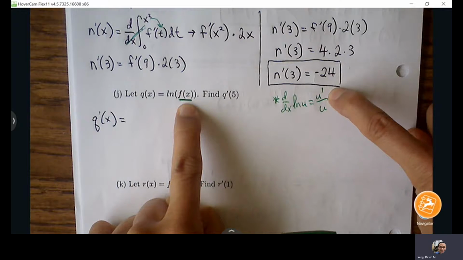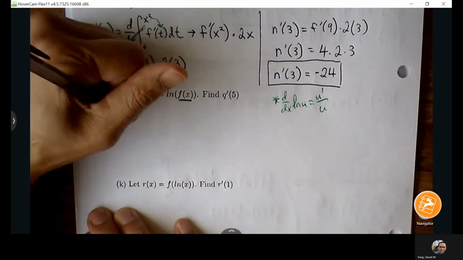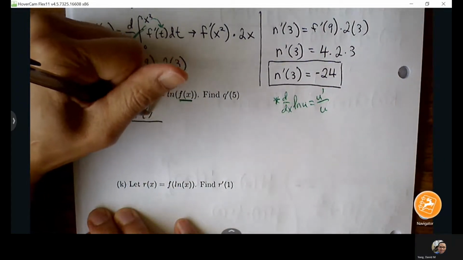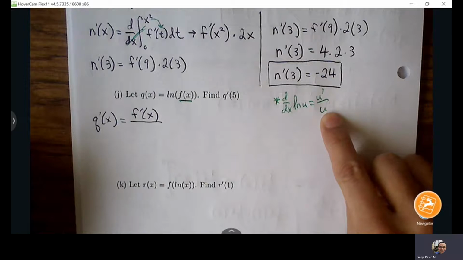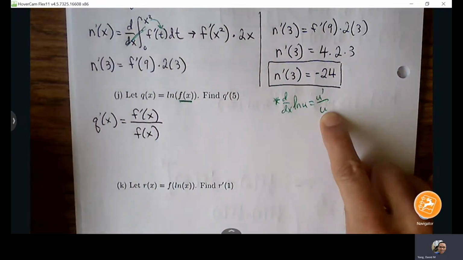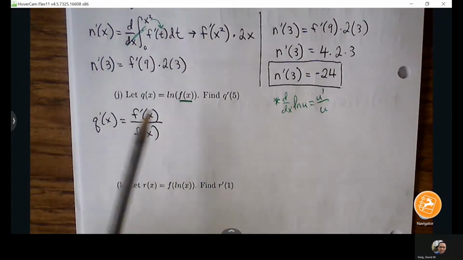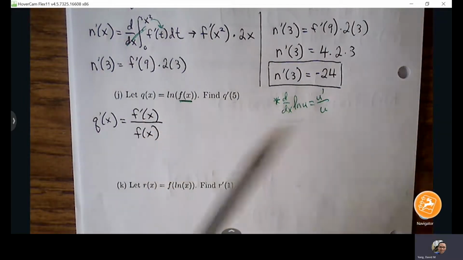So what's u prime then? Just f prime, right? Okay, over u, which is f of x. Okay, replace every x with 5 and then use the table.